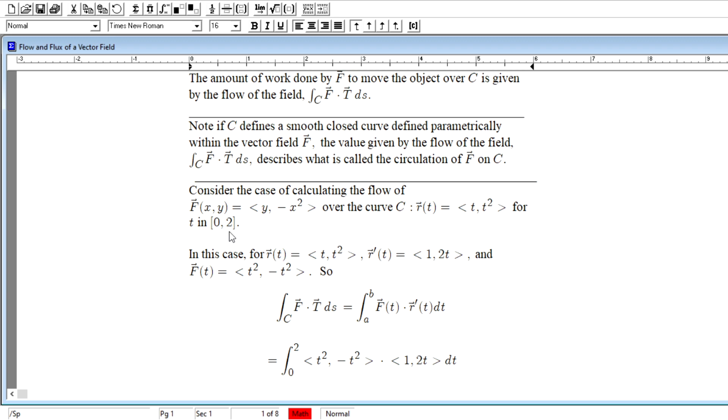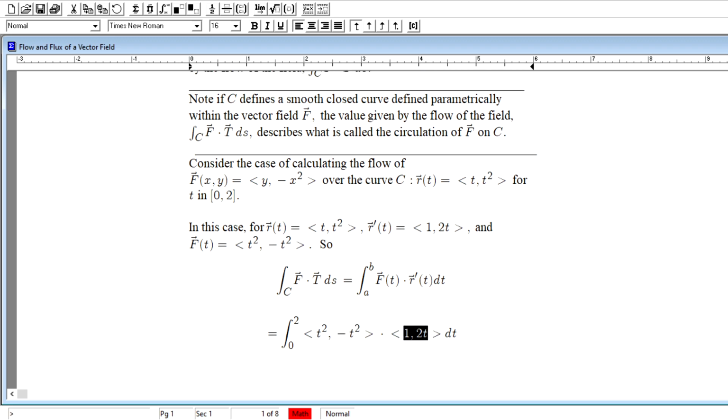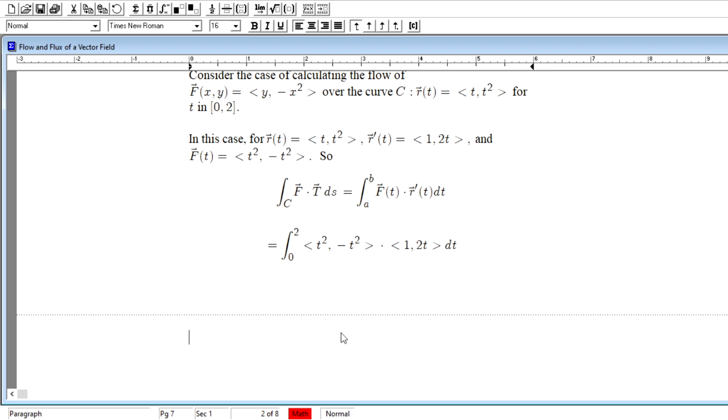Now in this case, t is going to go from 0 to 2 again. F bar is t comma negative t squared, r bar prime of t is 1 comma 2t, and their dot product is as follows.